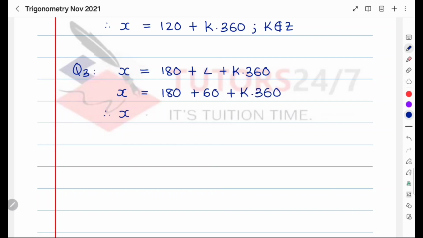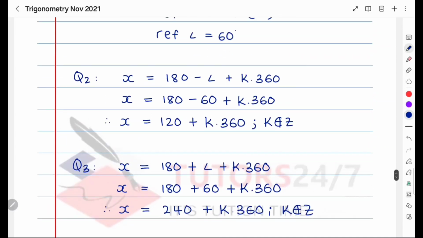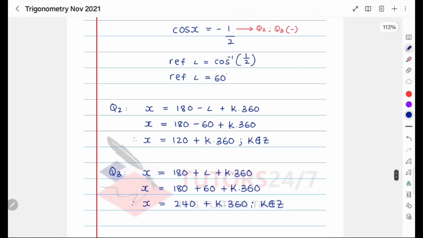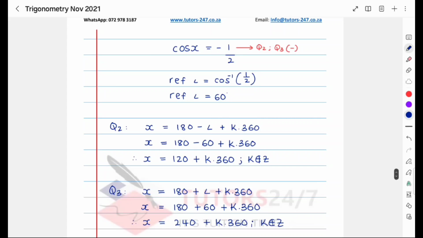And we therefore have x is equal to 240 plus k times 360, where k is an element of integers. So that is it. Because cos was equal to something negative, our solutions are in the quadrants that cos is negative in, quadrant 2 and quadrant 3. From there, we substitute our reference angle into the reduction formulas, simplify, and we are done. And that is it.